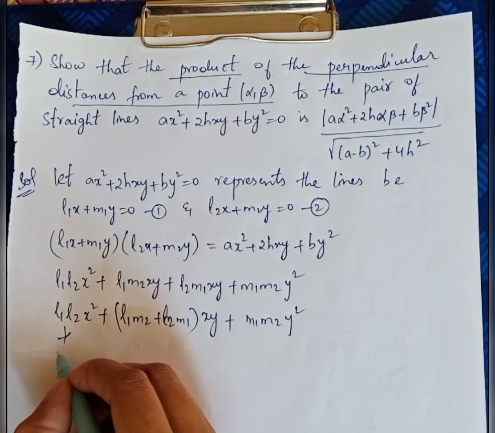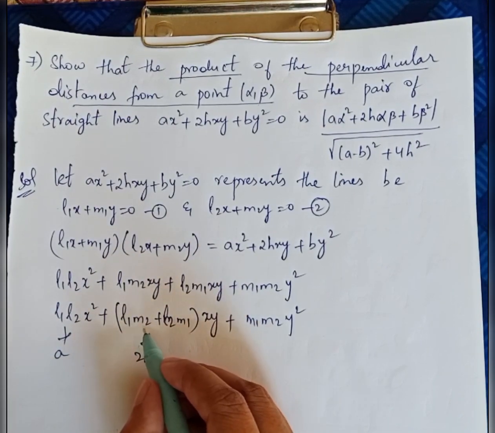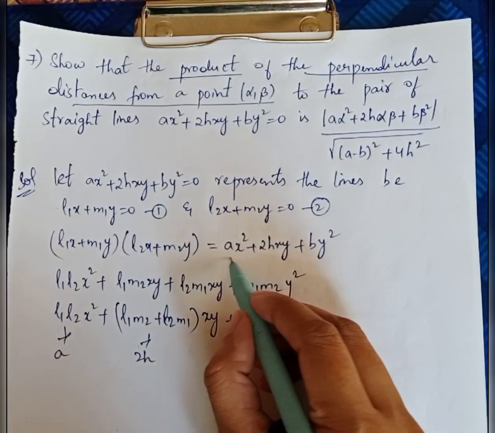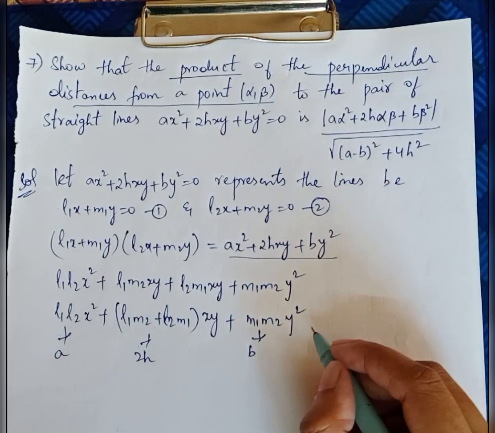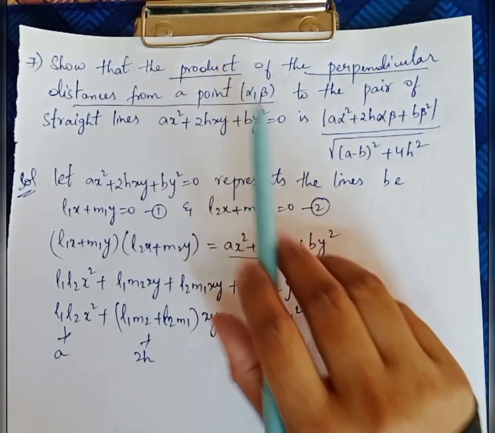So the value of a is L1 L2, 2h is L1 M2 + L2 M1, and b is M1 M2, comparing with the coefficients. Now in the question it is given perpendicular distance, right?